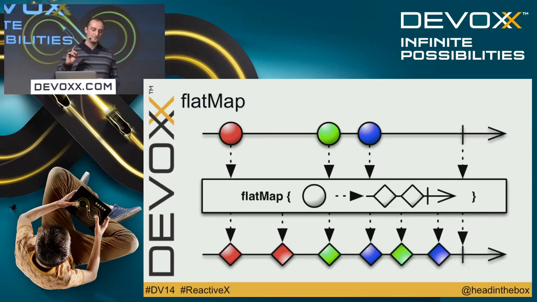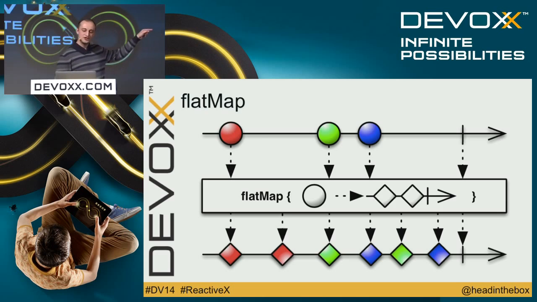Now, another one, flat map, and the functional programming wizards will probably already feel the monads, right? This basically means that observable is a monad, but enough on that. Flat map basically takes a stream of events, and for each of these events, it does the mapping like map, so it takes a circle, but then returns another observable, right?